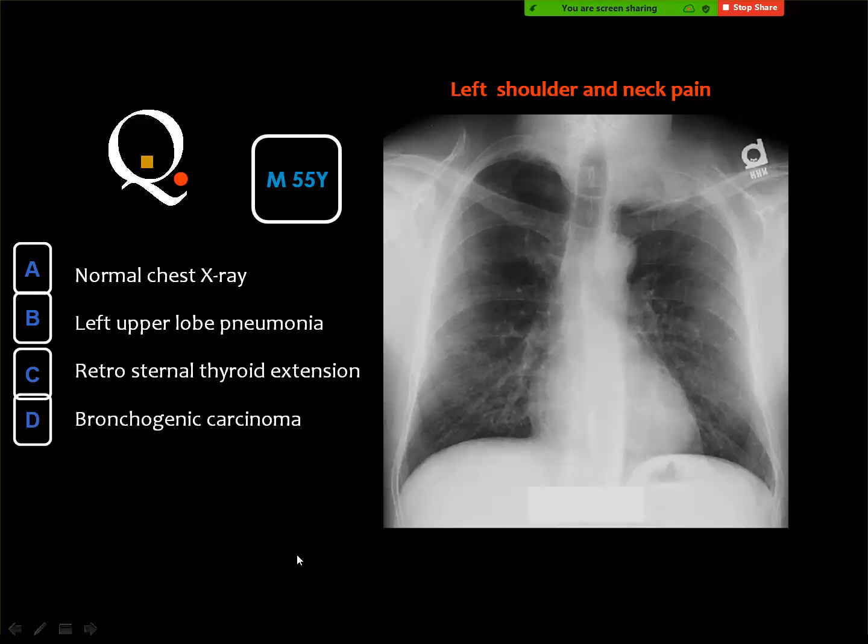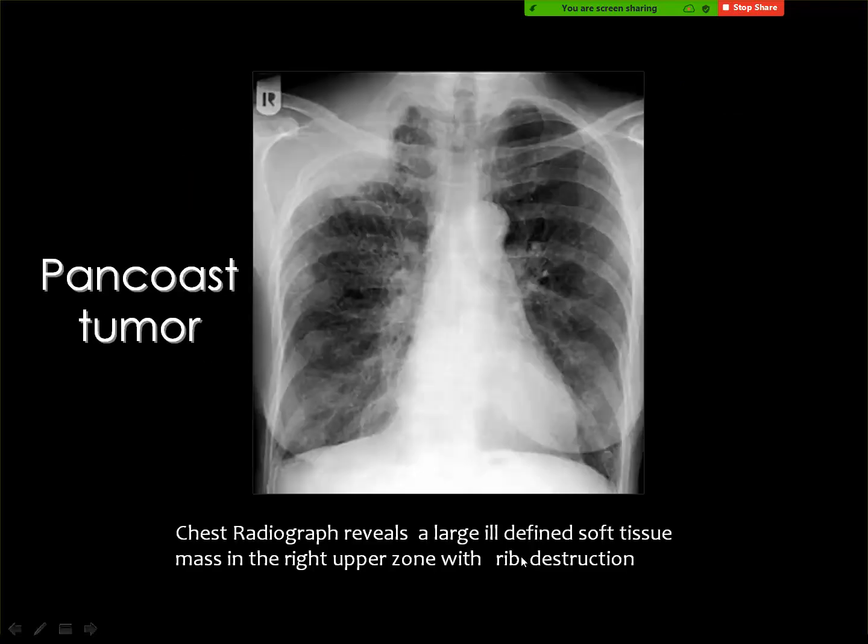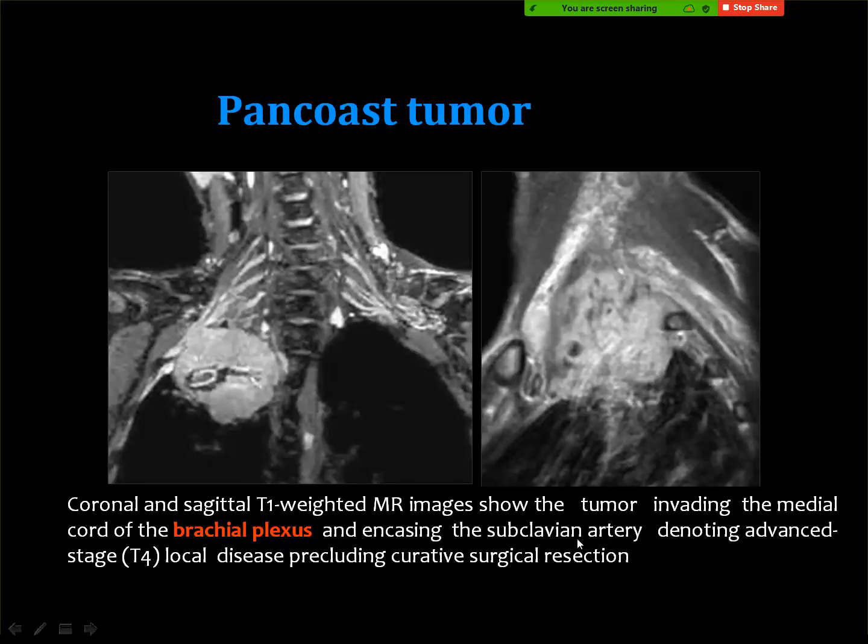If you diagnose this lesion, it would be better to go directly for MRI, and CT is not usually helpful in these cases. It will show the same finding as the chest X-ray, a mass with rib destruction. But you need some information for surgery.